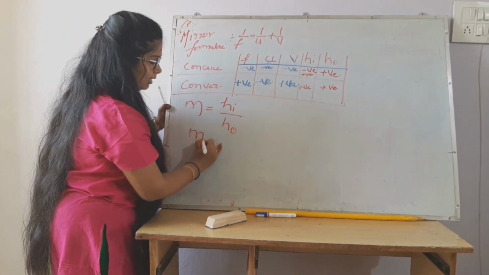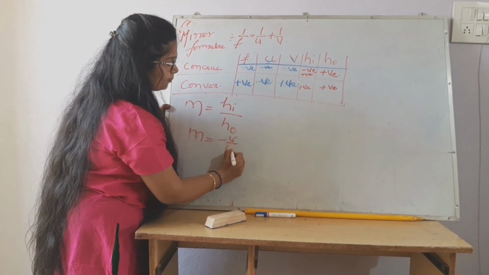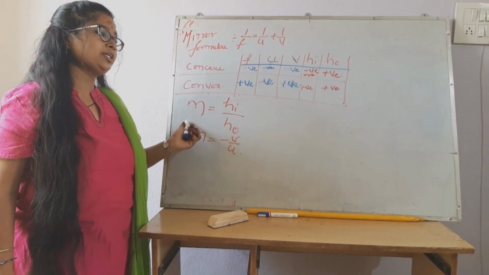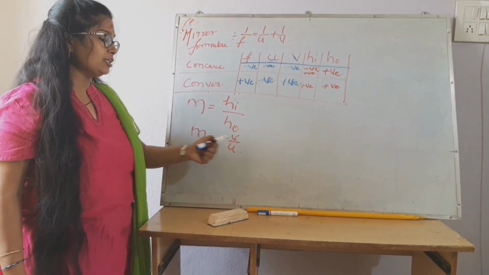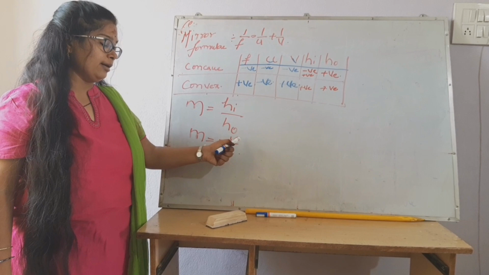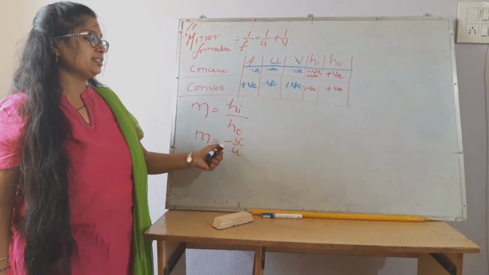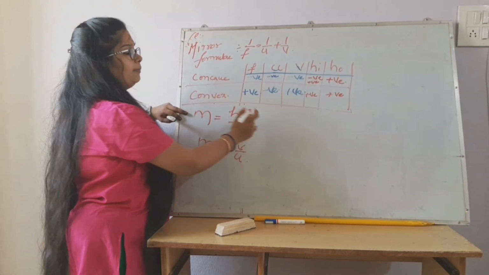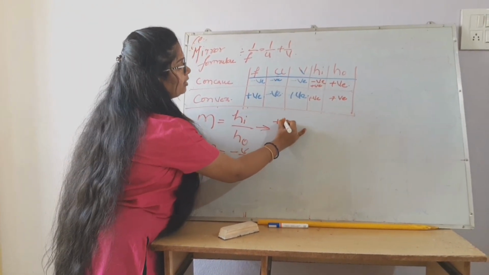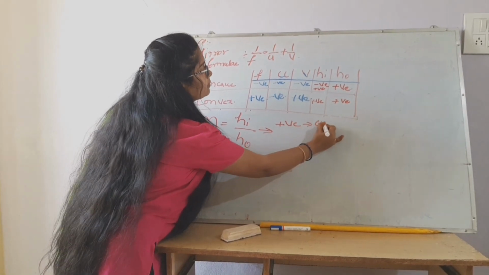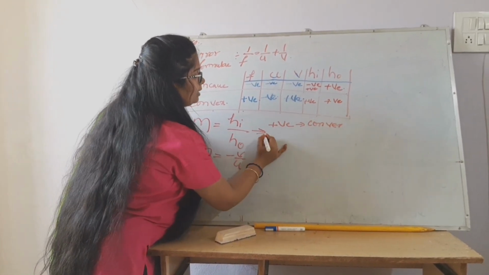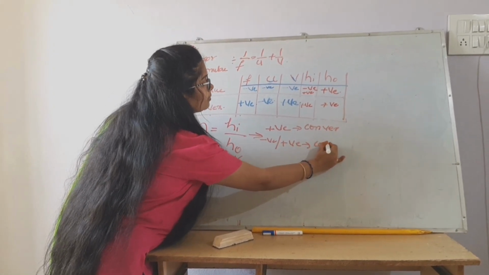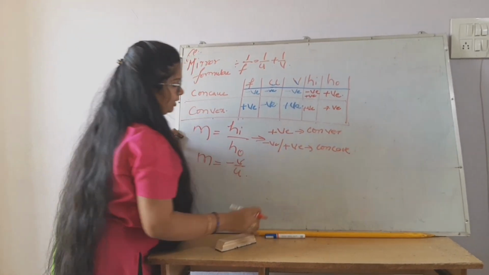Another formula is also there for that: minus V by U. If the height of the image and height of the object is not given, but they ask you to find the image size, first take image distance by object distance, minus V by U. Magnification will always be positive for convex. It may be negative or positive for concave. Got it?